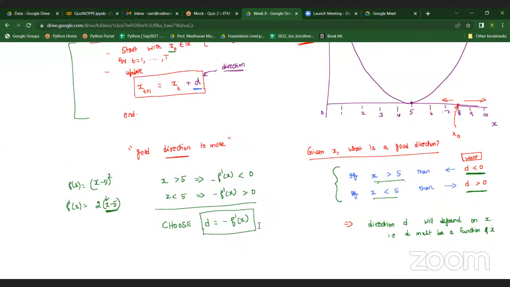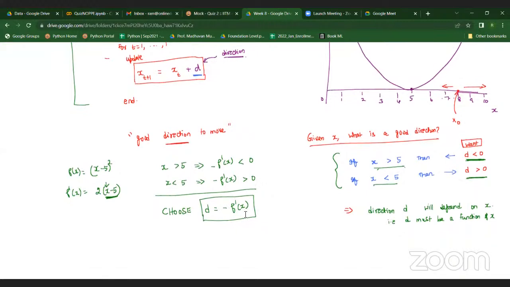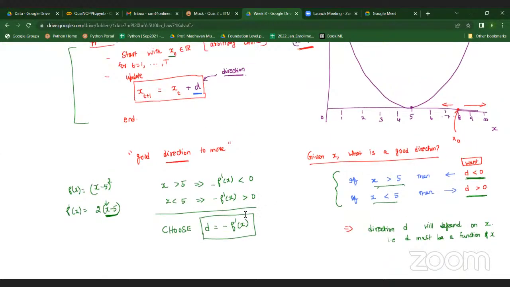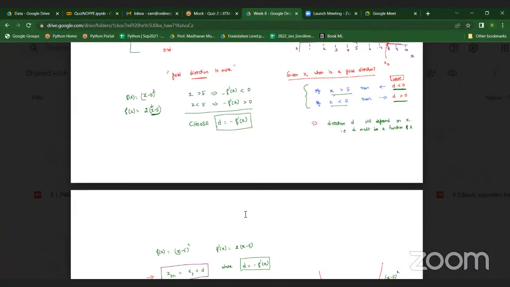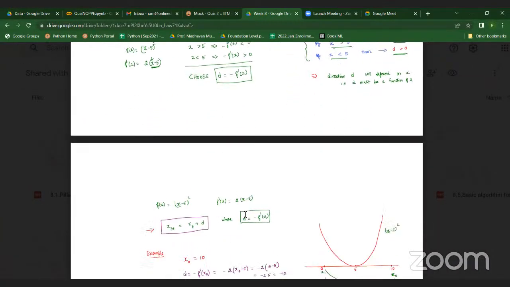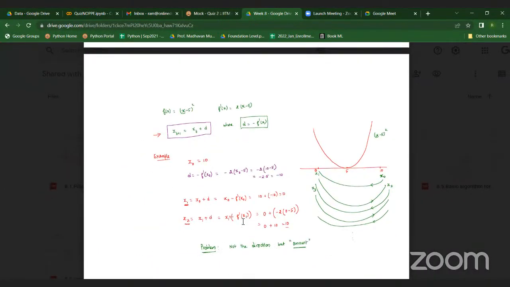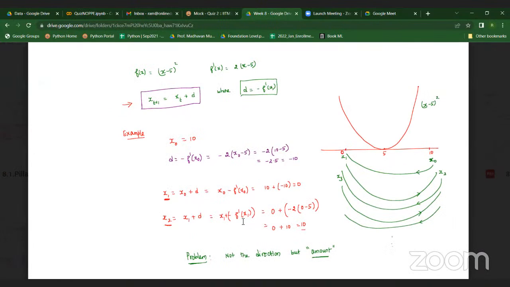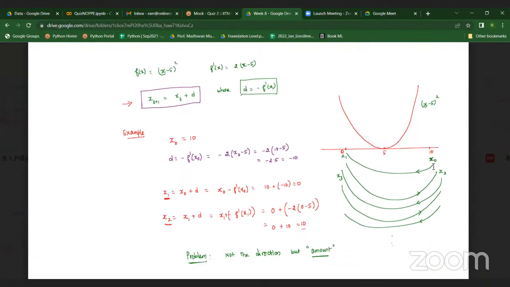So irrespective of the value of x, if you choose d equals minus f dash of x, you will move in the correct direction. Then sometimes, if we directly choose this minus f dash of x for this particular case of x minus 5 whole square, right?